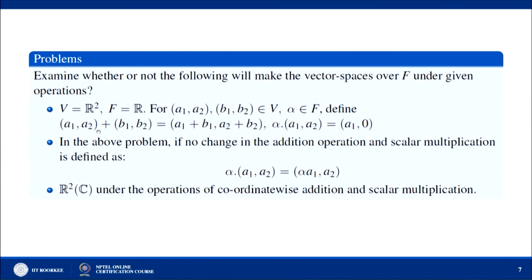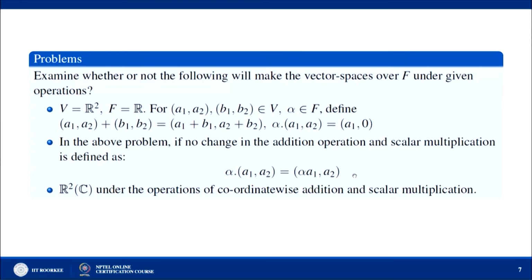If you take here standard addition, it is the same, no change in the addition operation. If you take the scalar multiplication like this, 1 dot (A1, A2) is the same as (A1, A2), that is, 1 dot V is V. But if you take the other property, say alpha dot (A1, A2) is (alpha A1, A2).